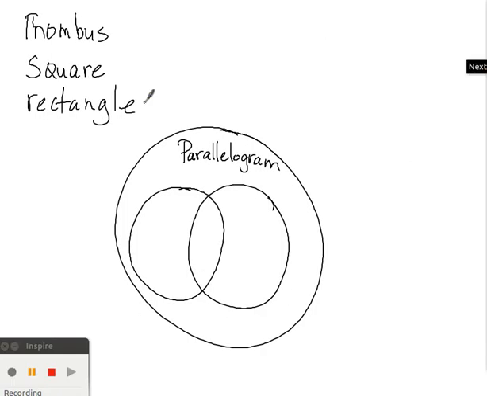Okay, and then we go to our specialized parallelograms. We're going to start with a rectangle, which is a parallelogram. Look at the nice little abbreviation there. It's a parallelogram with four right angles.